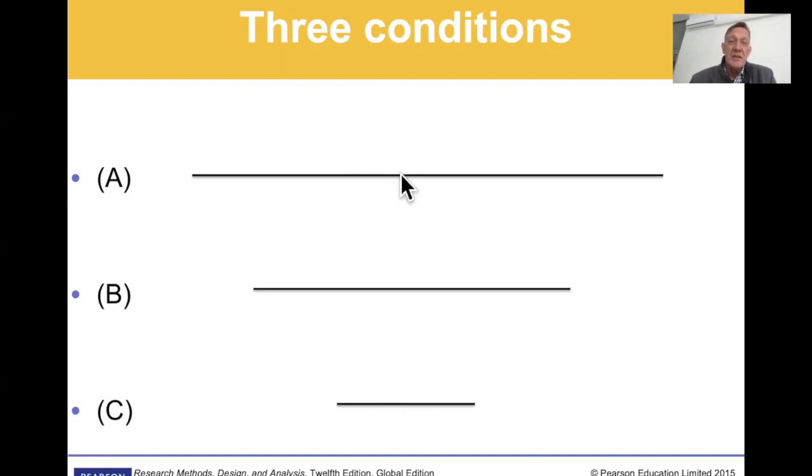So, because of a possible carryover or sequencing effect, it is better to randomize the order of presentation so that each subject gets a different order. All of them in the end will get similar orders, but we would like to counter the effect of giving the long one first versus the short one, and so on. All right.